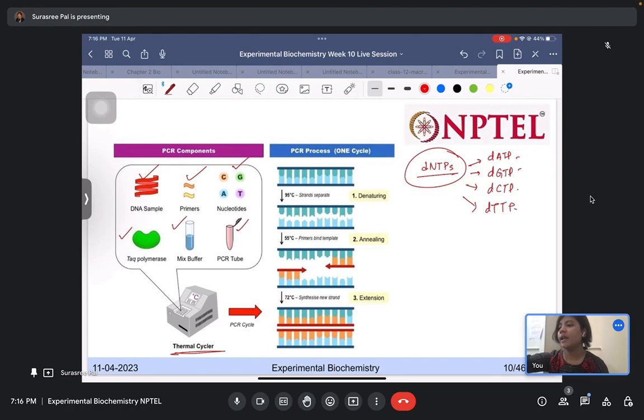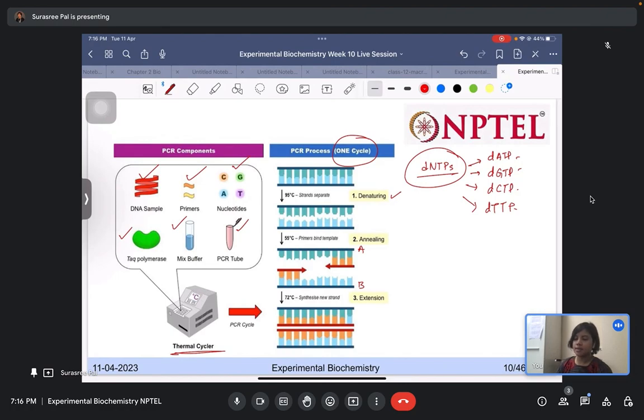In the polymerase chain reaction, this is also showing you the one cycle and the step-by-step process, that in the first step there is denaturation. So the two strands, strand A and strand B, are denatured at a high temperature.